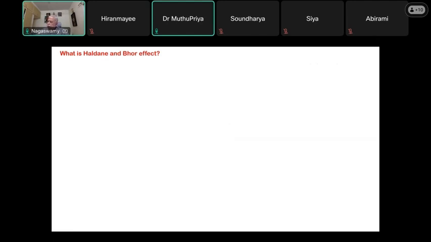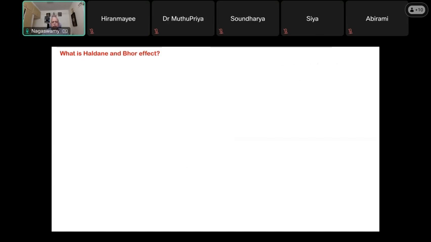What are these two effects important for? Now we have come from the travel of air from the atmosphere through the respiratory passage up to the alveoli, and oxygen has to be taken in and delivered to the tissues, where it will be used for aerobic metabolism for production of ATP, which will result in production of carbon dioxide, which has got to be carried again back to the lung for elimination from the body through expiration.